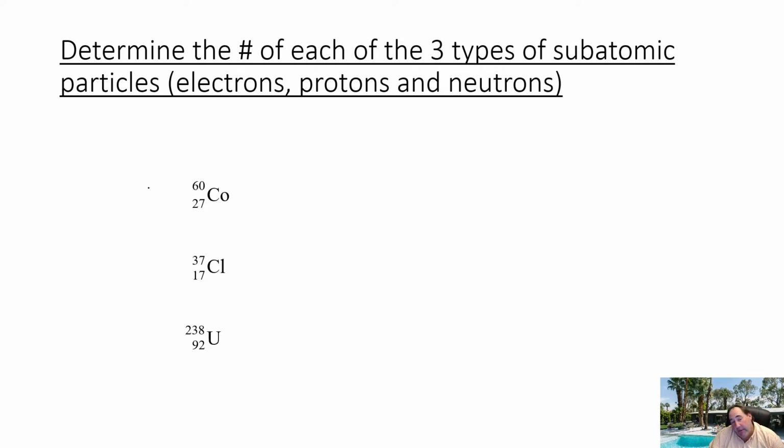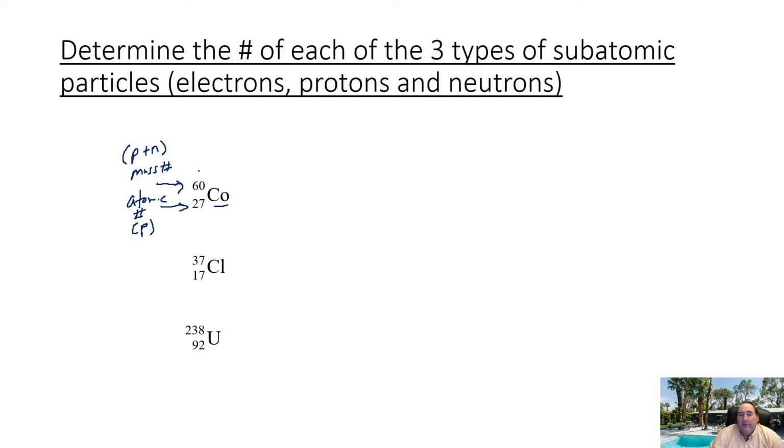So first off, Co is our element, cobalt. Once again, written this way, top number is going to be our mass number, which is our protons plus our neutrons. Bottom number here is going to be our atomic number, which is our protons.